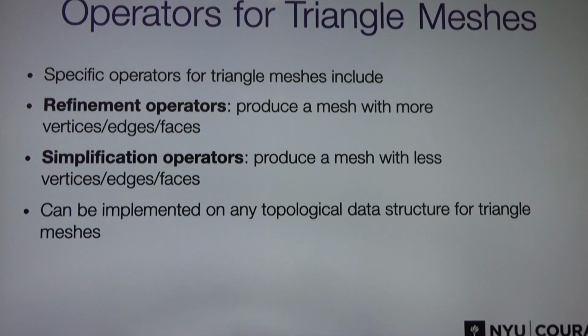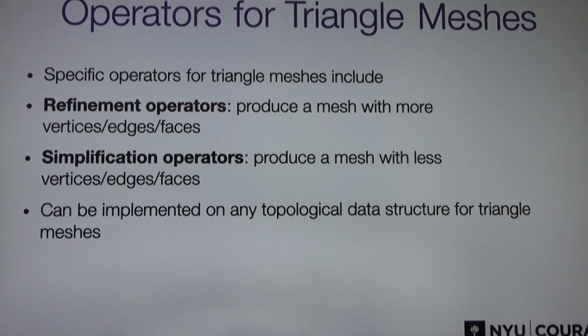This is not so with meshes. So for triangle meshes, some specific operations include refinement and simplification. So refinement is getting a finer mesh, that is a mesh that typically has more vertices, edges, or faces, and it more finely represents your surface.